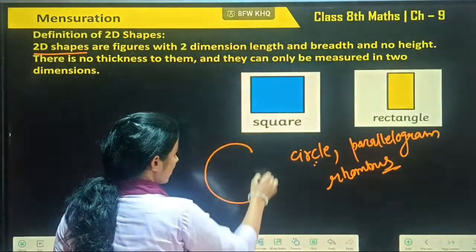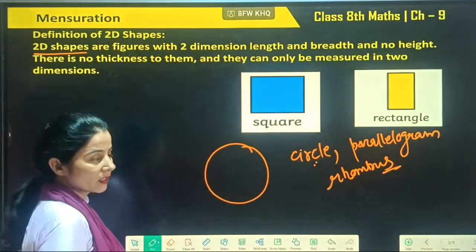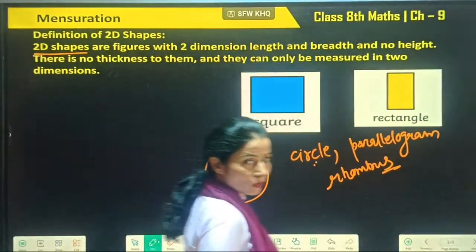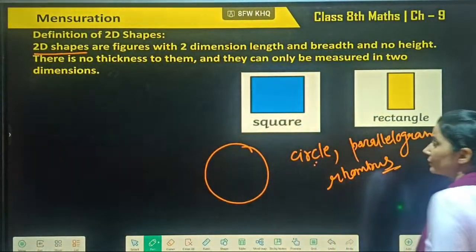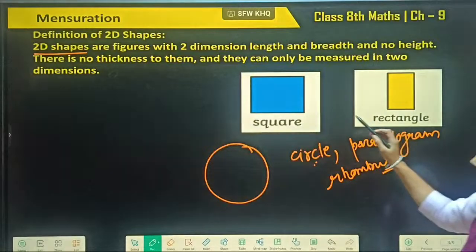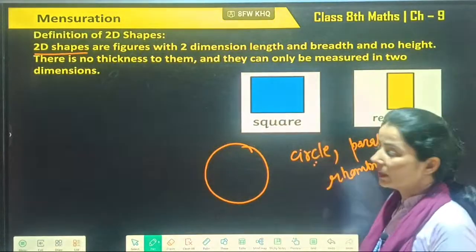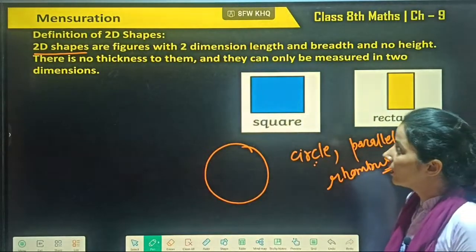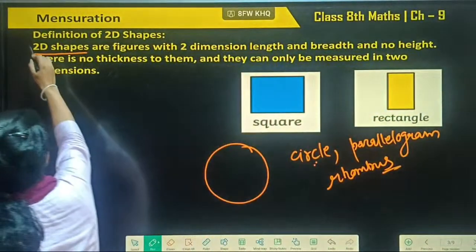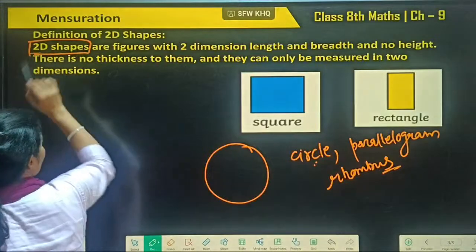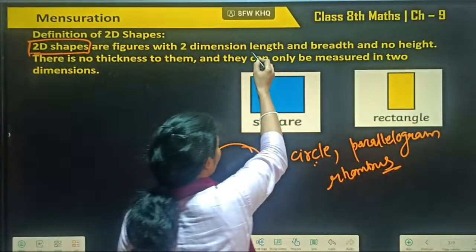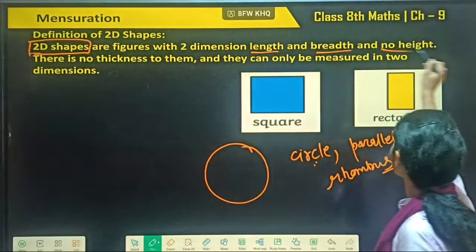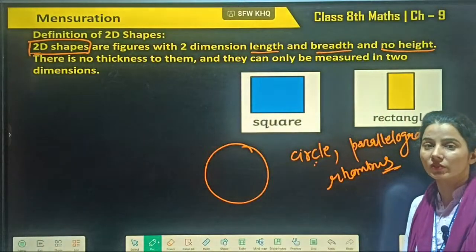This circle is also a 2D figure, this square is also a 2D figure, and this rectangle is also a 2D figure. These contain just length and breadth, only two factors of measurement. There is no height. Such figures are called 2D figures.